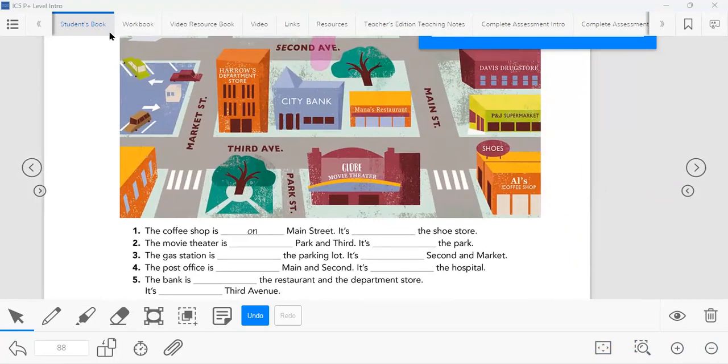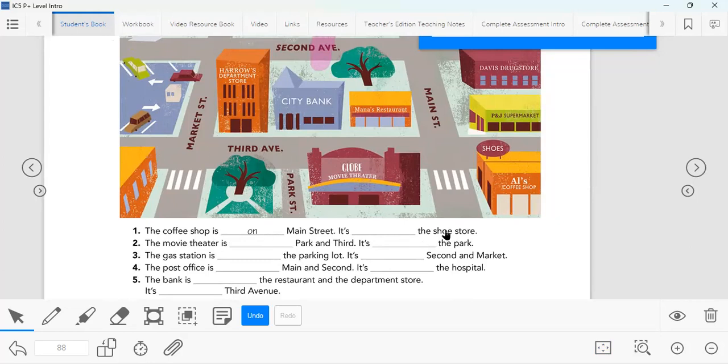So we have here, for example, the coffee shop is on Main Street. You see here, it depends on what you take as a reference, guys. The same place, but it depends on the reference. If I say the coffee shop is on Main Street, it's because I'm taking the street as the only reference.